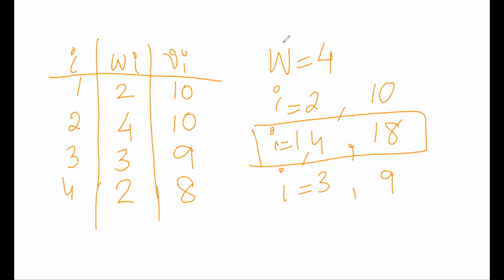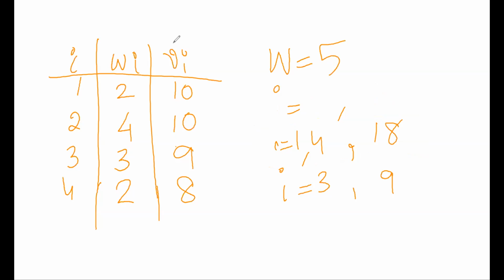Okay, so let me change the weight for now, just for explanation, to 5. So if the weight is 5, what are the possible combinations you will get? Okay, let's change it to 6. Let it be 6.